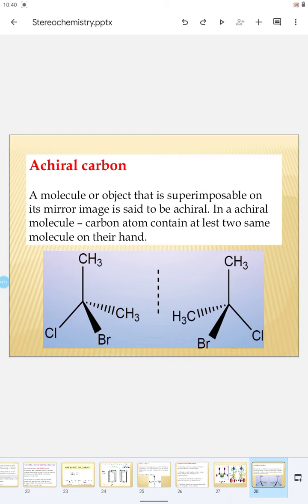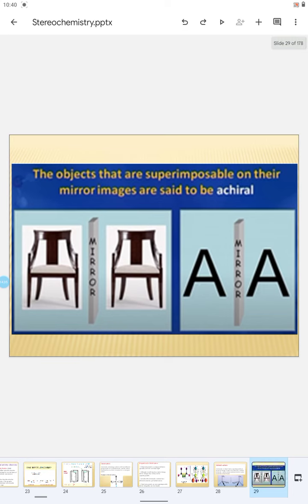Achiral carbon: a molecule or object that is superimposable on its mirror image is said to be achiral. In an achiral molecule, the carbon atom contains at least two same groups.